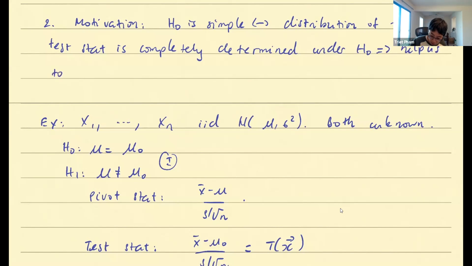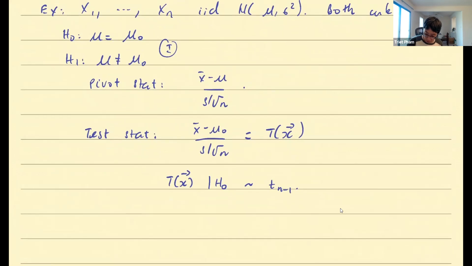Basically, your rejection region will be something involving this in some region.